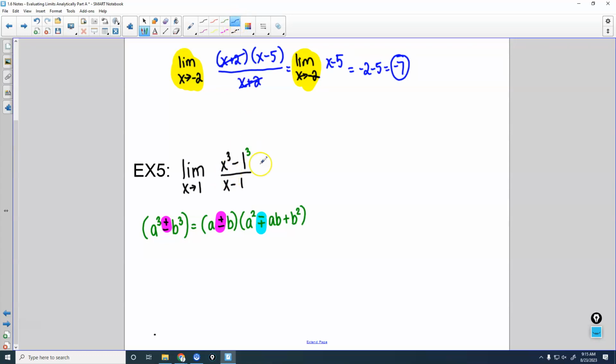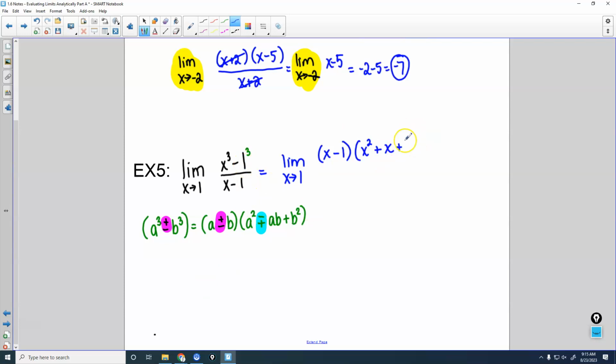So the way we would factor this, we would keep our limit notation. We would have x is our a, right? Minus 1. And then we have the a squared, in this case x squared, plus, because we're using the opposite sign for that second sign right there. And then we do a times b, which is just x times 1, so just the x right here, plus our b squared.